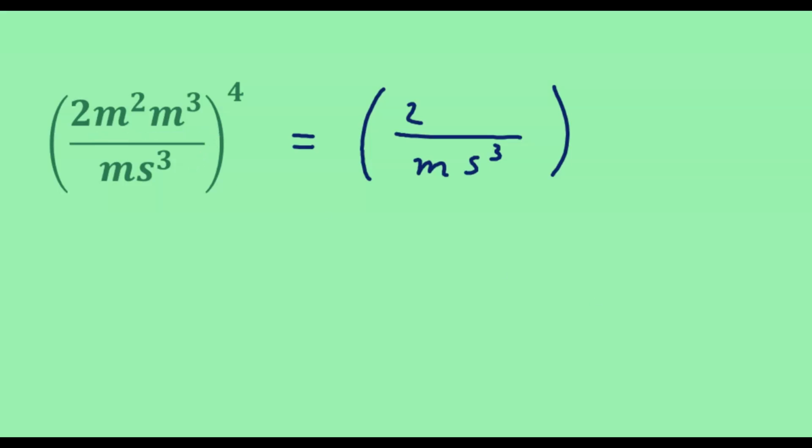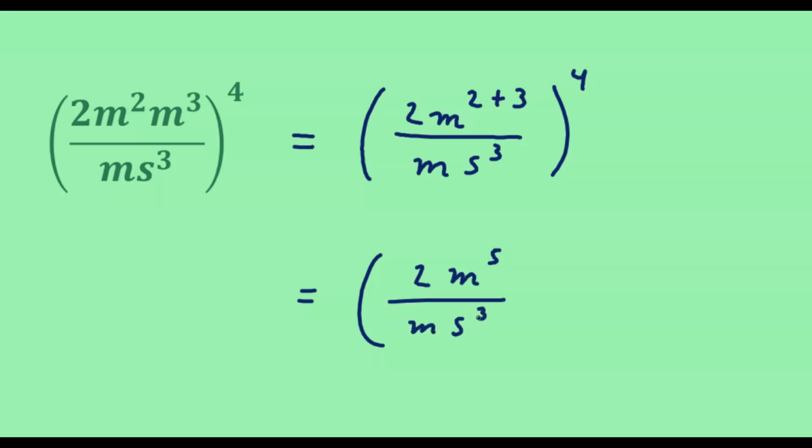Since the base is the same, that is, the base is m for both of these terms, we can use the product law. And using that, m to the power of 2 times m to the power of 3 will be equal to m to the power of 2 plus 3. So we end up with 2 times m to the power of 5, and we divide that by m times s to the power of 3, and we raise this to the power of 4.